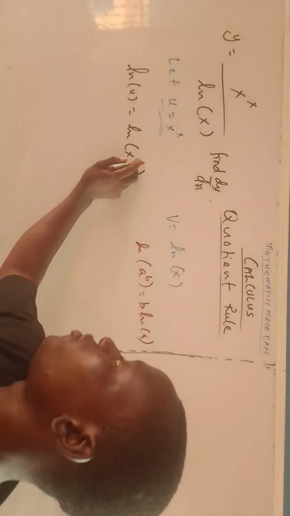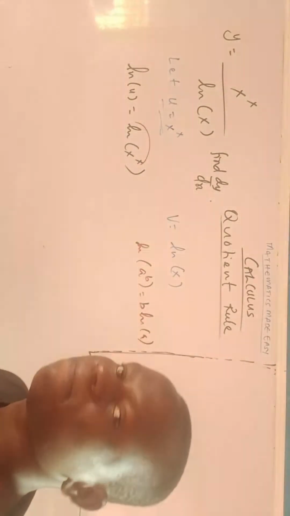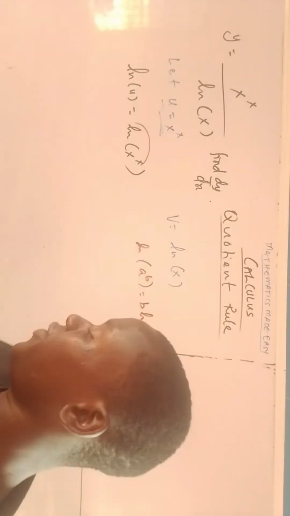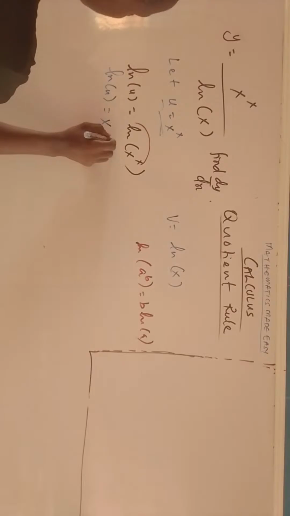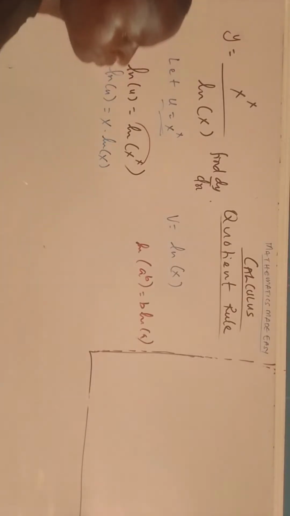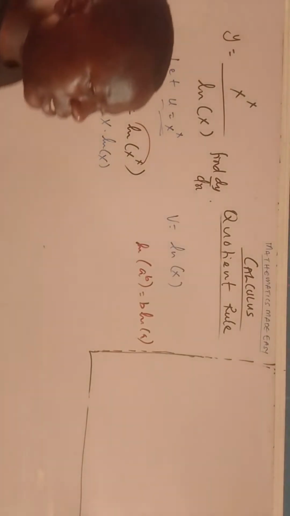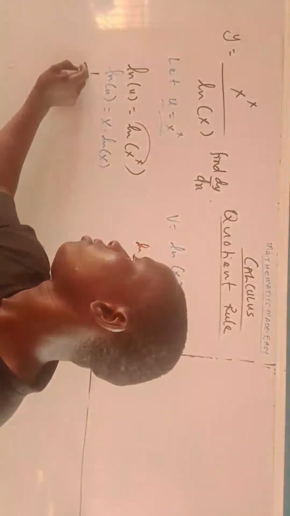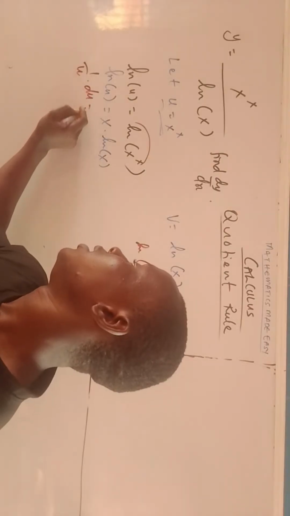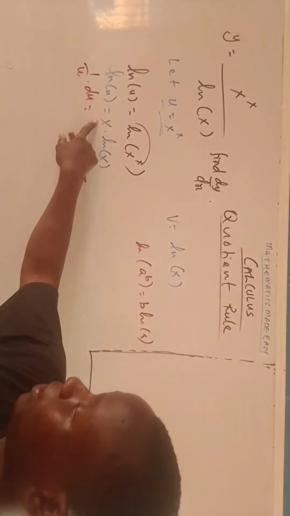So we are going to bring out this x. Are we together? Then we have natural log of u is equal to x multiplied by natural log of x. Now, if we find the derivative of natural log of u, what are we going to have? We are going to have 1 over u, then du. Then you can see that this part is in the form of what?